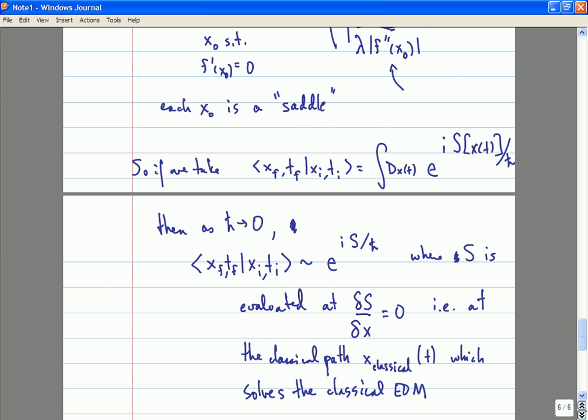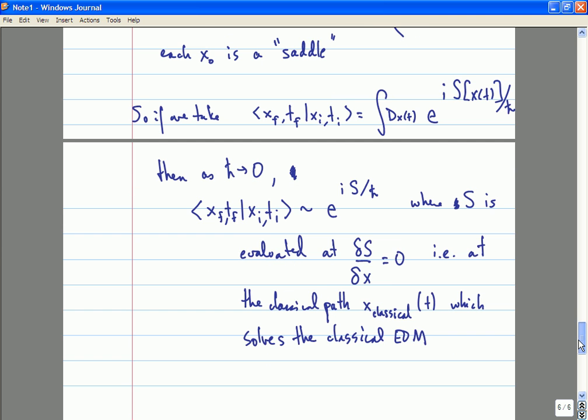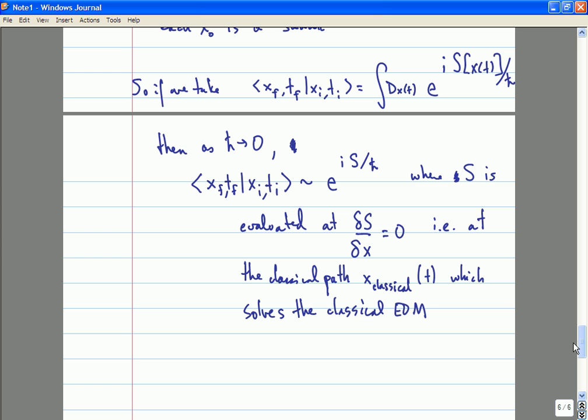So my goal is now to prove that this is indeed the correct expression for the propagator, and I will do that by checking that this solves the equations of motion, and in particular, that this solves the Schrodinger equation.